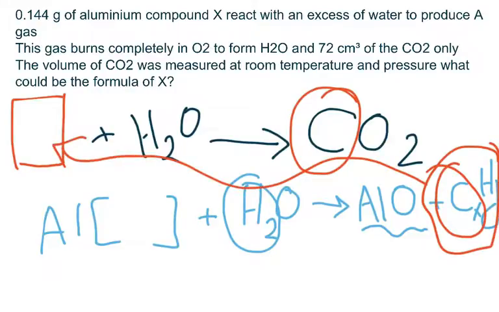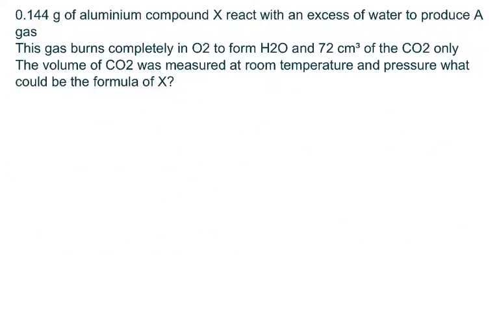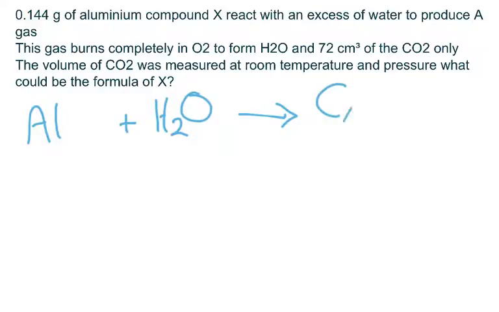Okay, let me just wipe down my mess. Okay, so let's write that again. We have aluminum, and it's a compound, so we have something next to the aluminum. It's reacting with H2O and producing a gas. In this case, it's CxHy, and this is a gas.